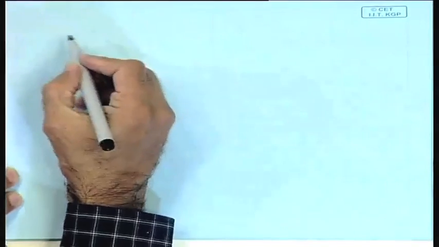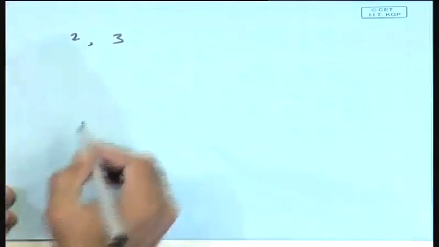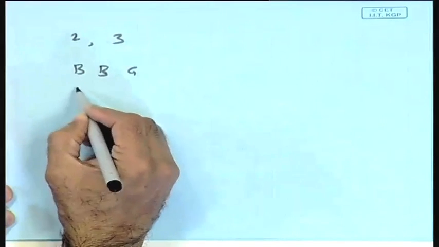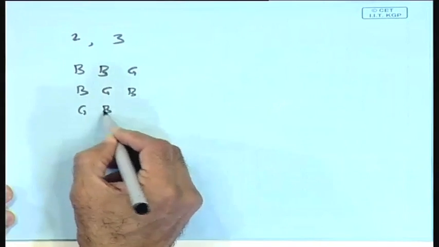At least 2 boys. Now, this is an interesting situation. Here, what are the possibilities? Let's try to work this out. Let's try to construct the picture, then we'll come back and take a look at the situation. I'm looking to find at least 2 boys. At least 2 boys means I could have 2 boys or I could have 3 boys. For 2 boys, I could have boy, boy, girl; boy, girl, boy; girl, boy, boy.